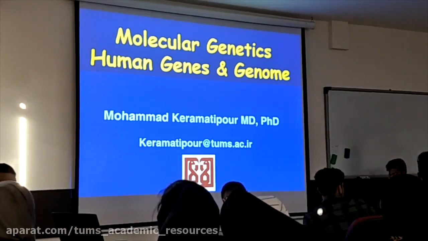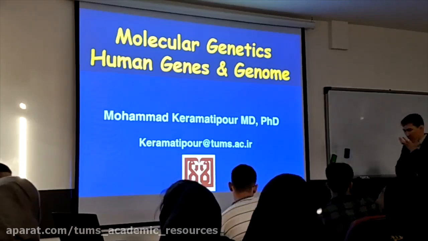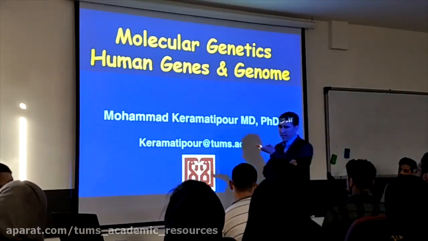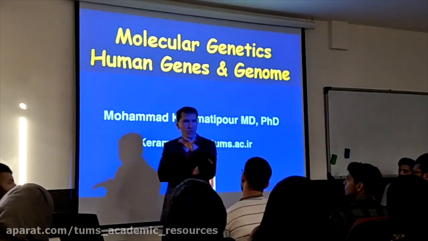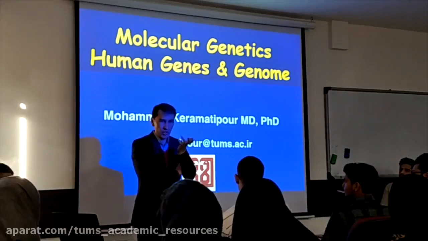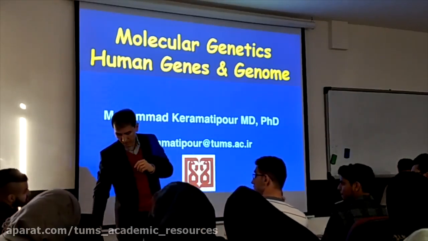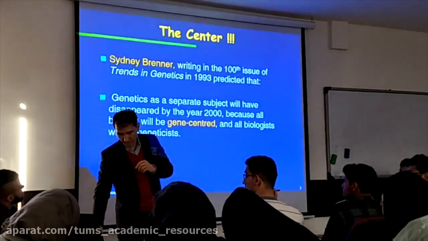Actually, when we talk about the genome, usually we mean the nuclear genome, but in fact, we have another genome as well, which is called what? Mitochondrial genome. Okay, which is present or is located inside mitochondria.